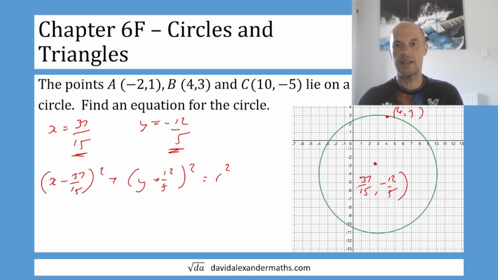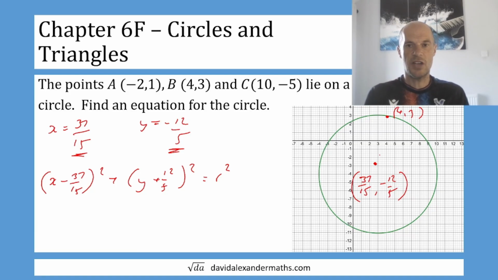So again, we now are just going to use Pythagoras to work out what the radius squared is. So if I was working out the radius, I would be working out the distance between the x coordinates squared plus the distance between the y coordinates squared, and then square rooting it for the radius. I just don't need to do that square rooting at the end.